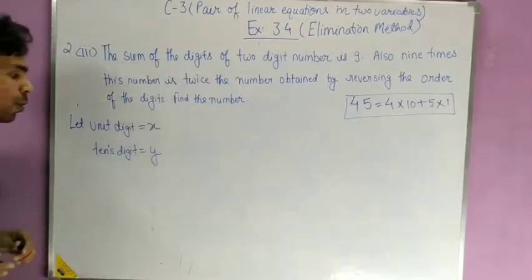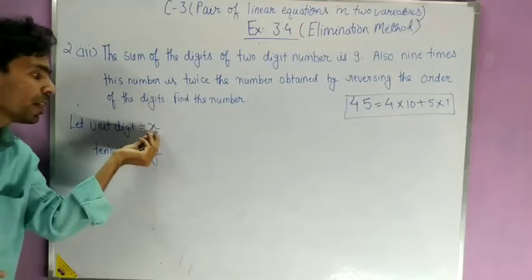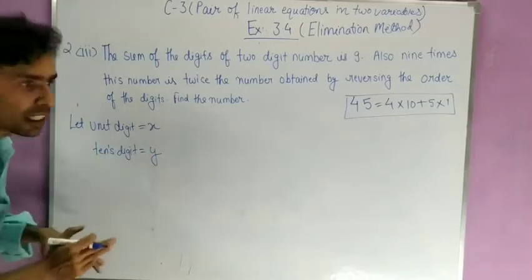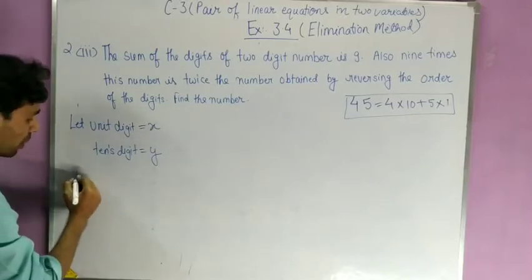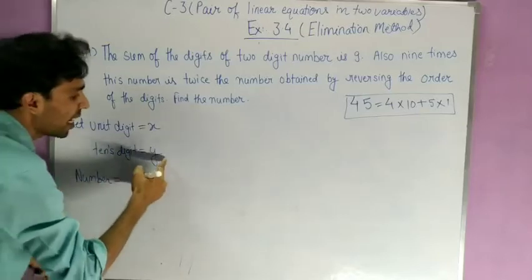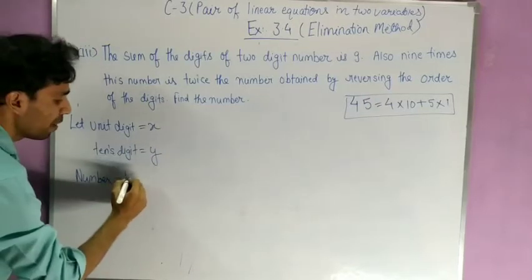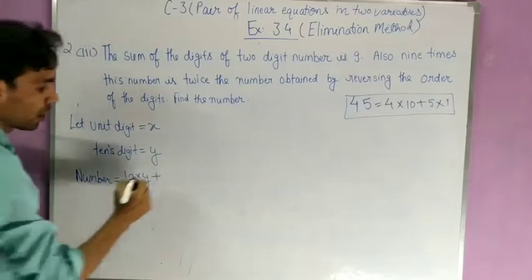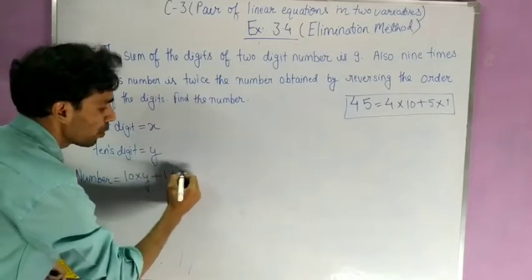Now, because x is at the unit place and y is at the tens place, when you write this in expanded form, what will the number be? Because y is at the tens place, 10 will be multiplied by y, plus 1 will be multiplied by x.